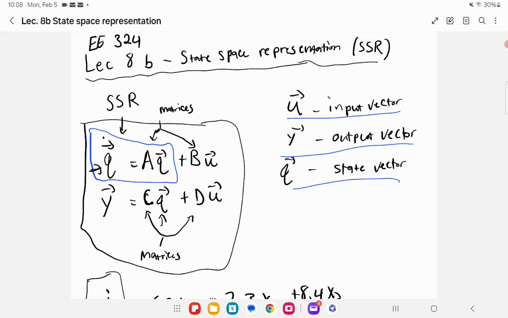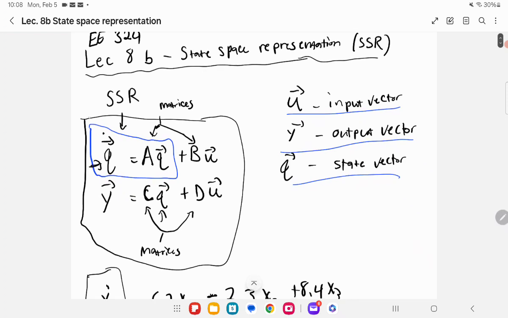But this time we're going to bring the whole representation together. So here we're going to have the state vector, which is going to be q, and then q dot obviously is going to be the individual first order differential equations. And we've already actually written the system like this, what we can see here in blue.